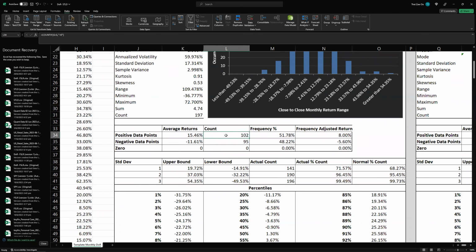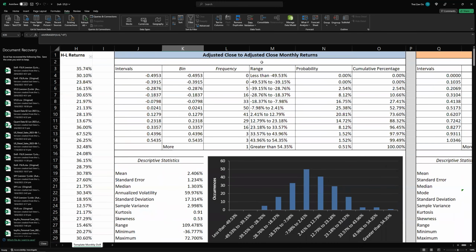For every positive month, the average return is about 15.46%. For negative months, the average return is about negative 11%. So from this data alone, you can definitely tell that First Solar is in a long-term uptrend. There are more positive months than negative months, and for the positive months, the return is a lot higher compared to the negative months. So this is close to close.